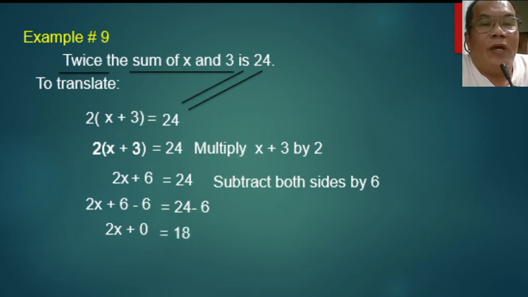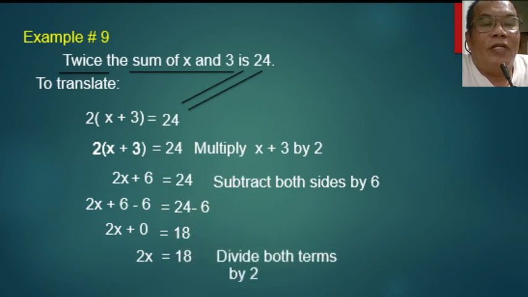So 2x is equal to 18. Okay, divide both sides by 2. So you have 2x divided by 2 is equal to 18 divided by 2. Cancel 2 and 2. So you have x is equal to 9.